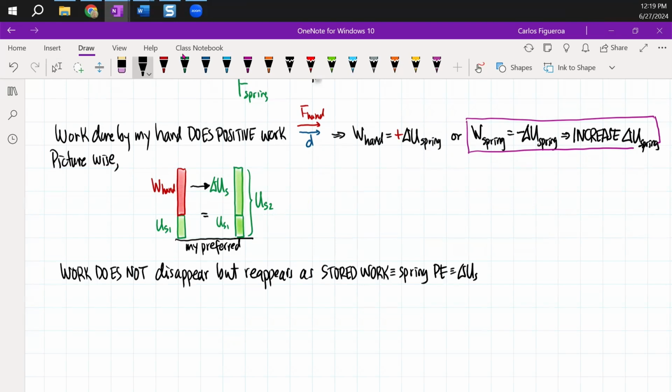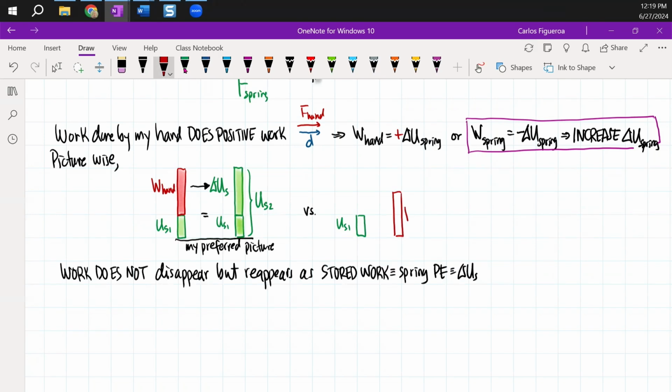I typically don't draw it because it's a lot more work. But this is another way that you could look at it. So if this is confusing, another way that you could think about it is that you have your spring potential energy. You now do this amount of work.